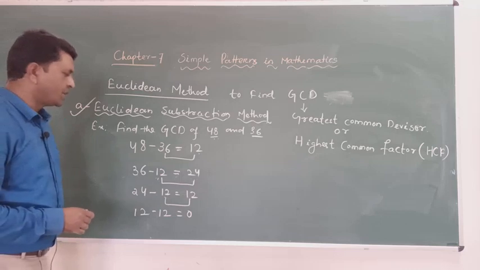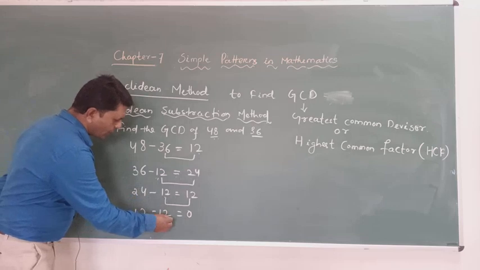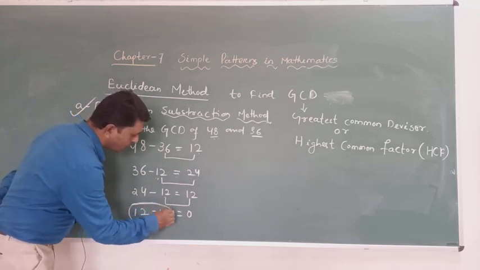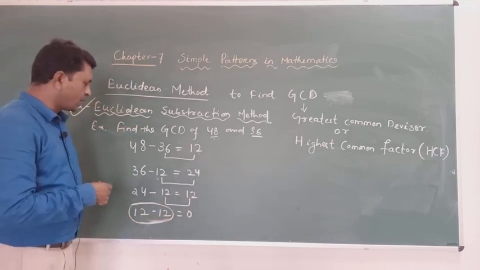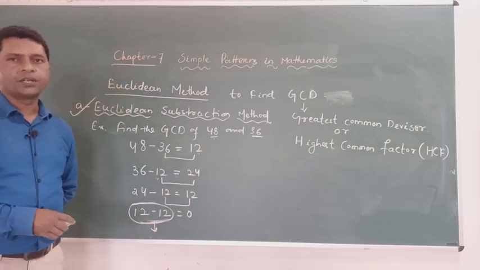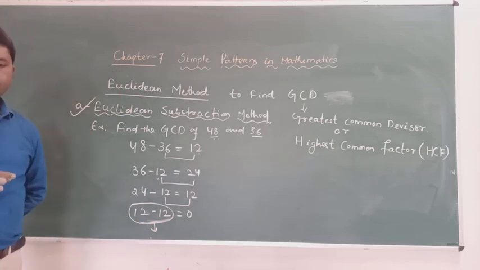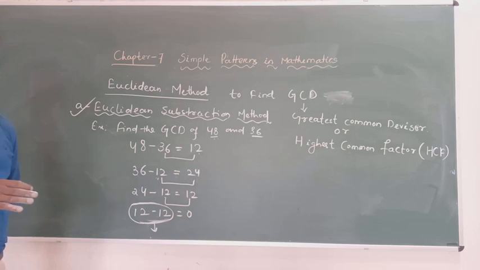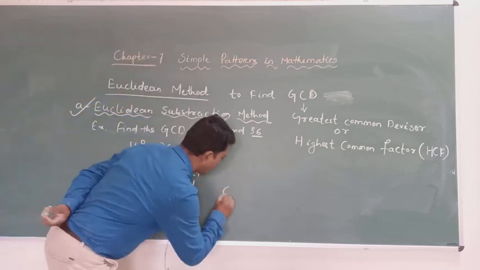In the last, the number that is subtracted from itself to get 0 is your GCD. Once you get 0 as the answer, the number subtracted from itself is our greatest common divisor.